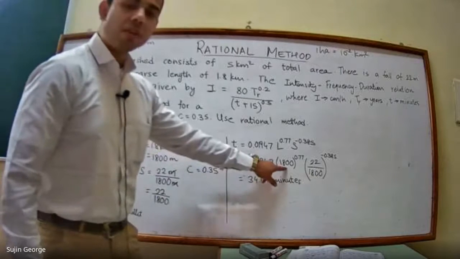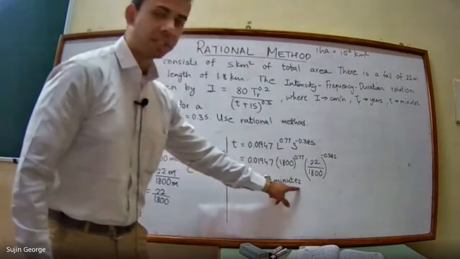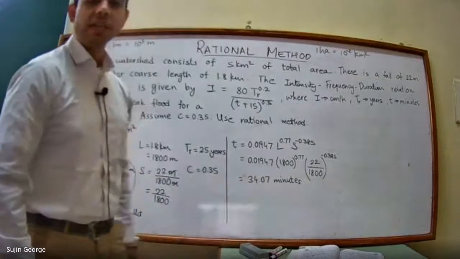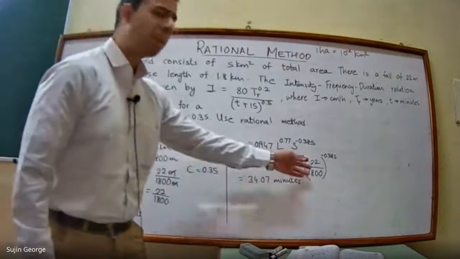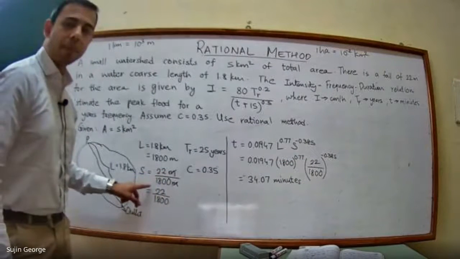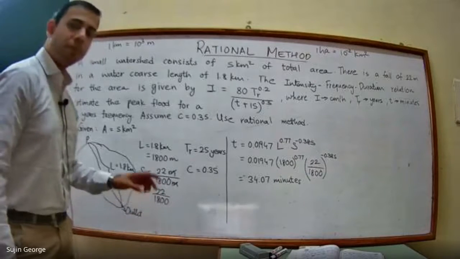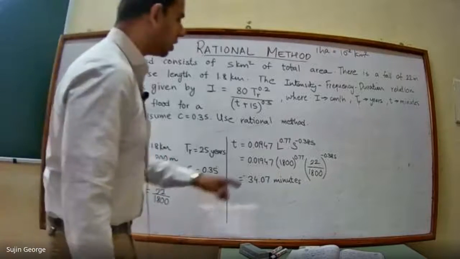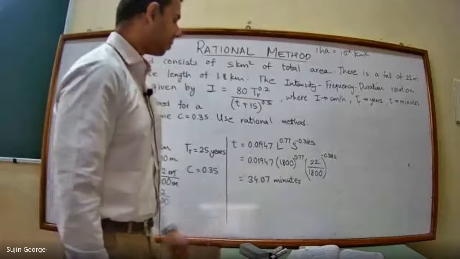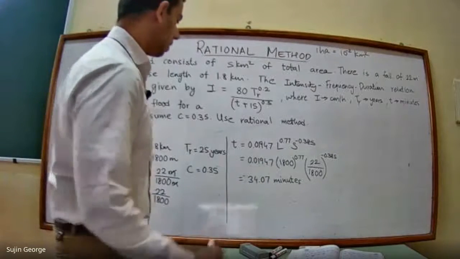When we take the value of L in meters, we will get the value of t in minutes. And slope will not have any unit, because this was 22 meter upon 1800 meters. So meter gets cancelled, and slope will be unitless. This thing you have to keep in mind. So it comes out as 34.07 minutes.